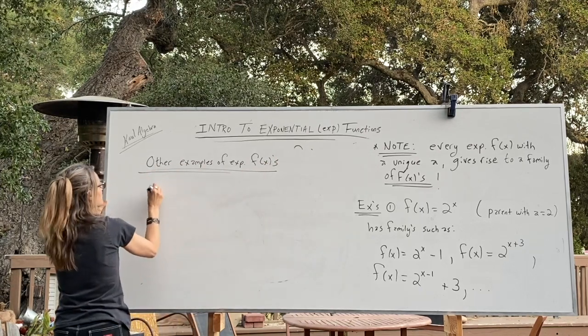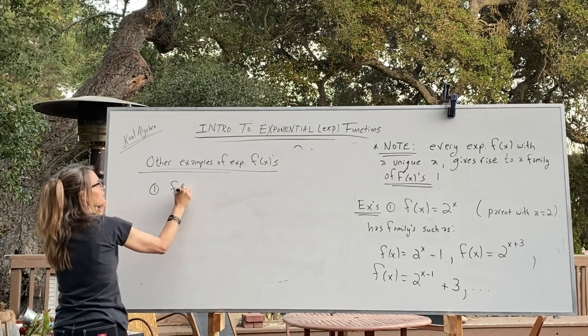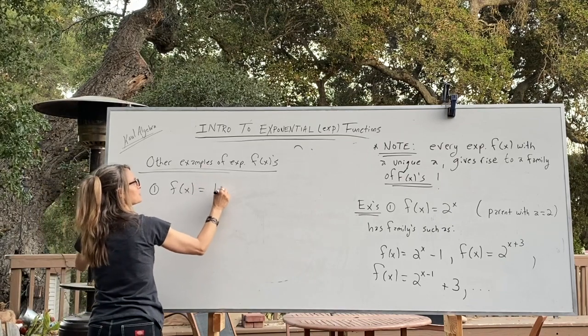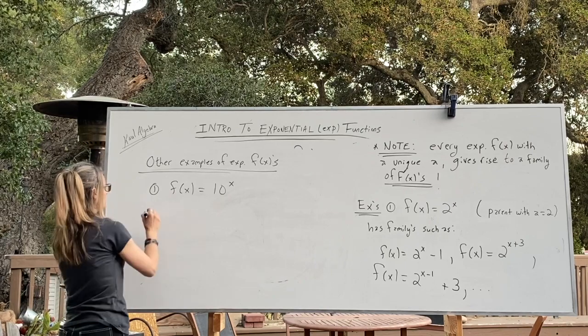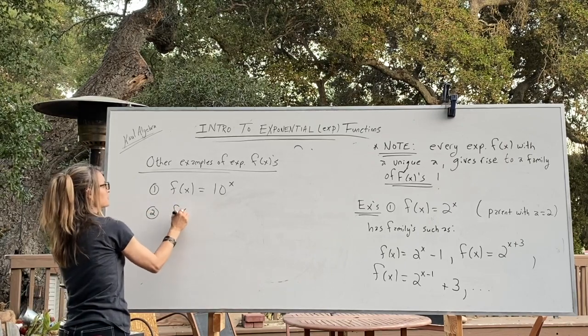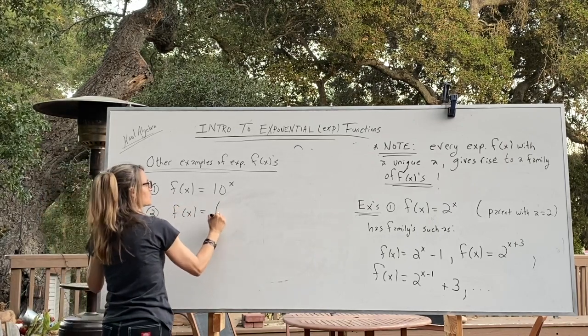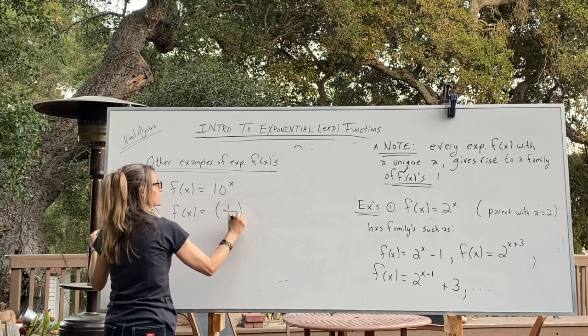We'll look at some of these that are base 10. They're very popular, 10 to the x power. So we have a different base now. And 2, if we had f of x equals 1/10 to the x power.